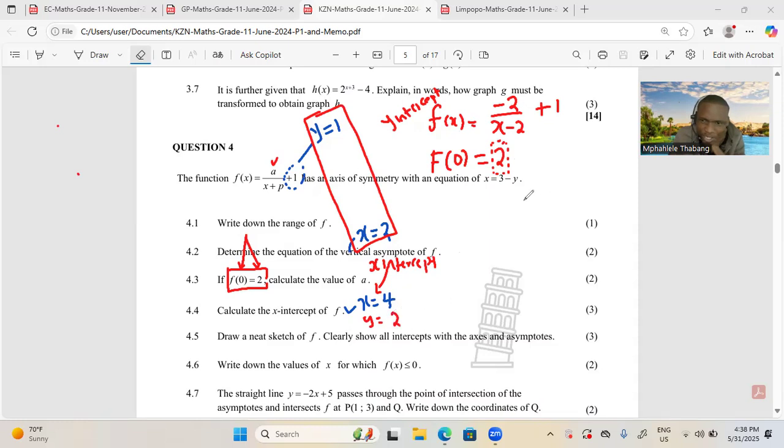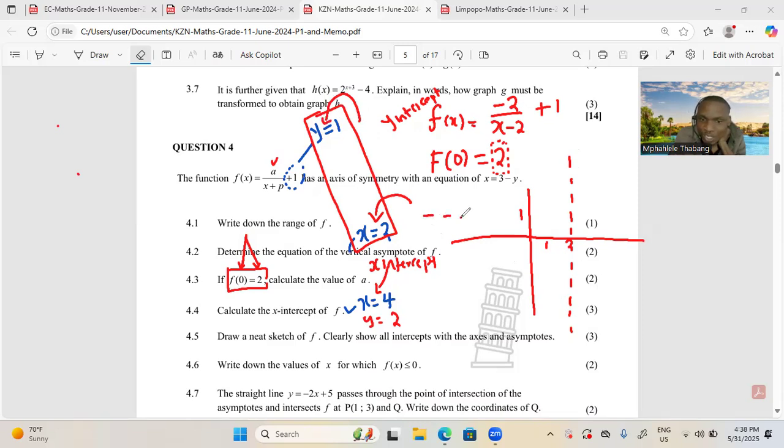Now I can sketch the graph. Y-axis, x-axis, I have to show the asymptotes. The x-asymptote is 2, this guy here, x equals 2, which is the vertical asymptote. The y-asymptote is 1, this guy here, which is a horizontal asymptote.